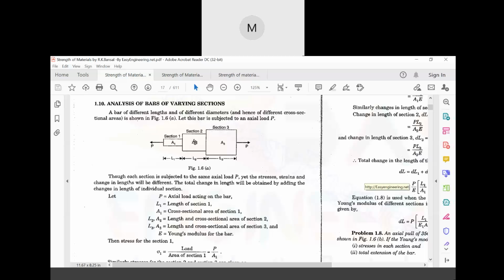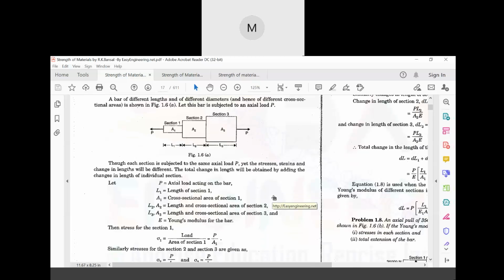And L3 and A3 are for section 3. Now, E is the Young's modulus of the bar. Young's modulus means, just now we discussed, the stress strain ratio is constant, and that proportionality constant is Young's modulus.